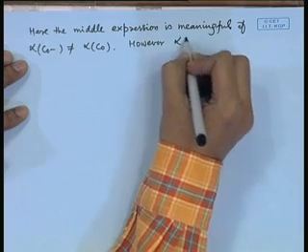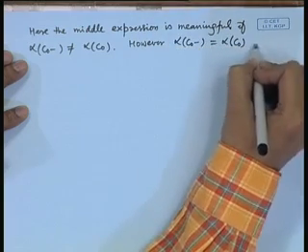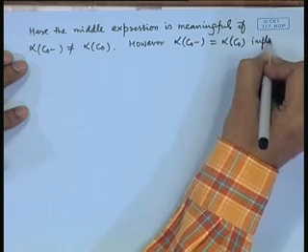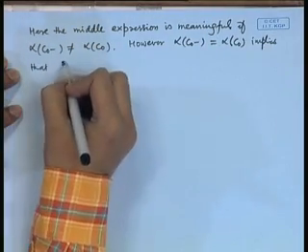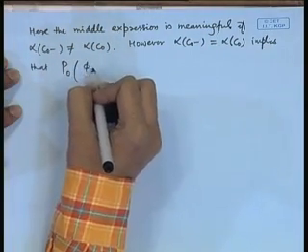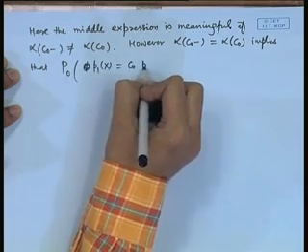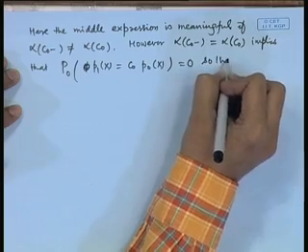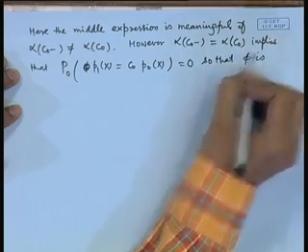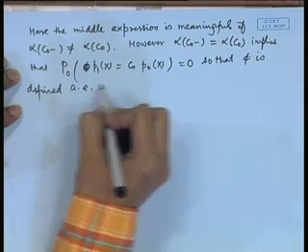However, alpha C0 minus equal to alpha C0 implies that P0 of phi 1 P1x equal to C0 P0 x is equal to 0, so that phi is defined almost everywhere.